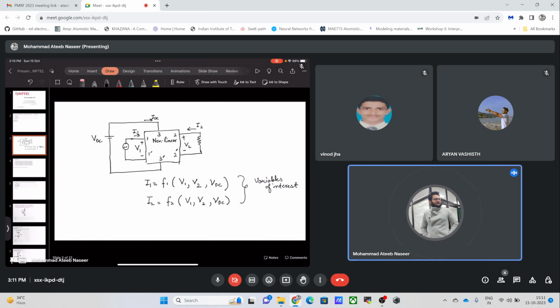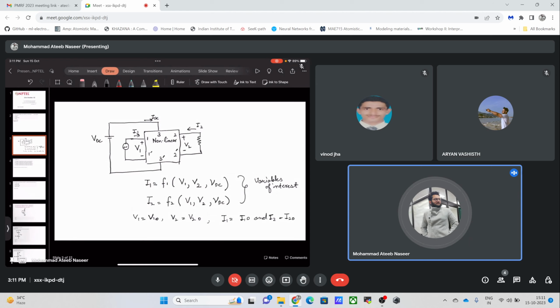Now, assume some particular values of these biases, for example V1 equal to V1 of 0 and V2 equal to V2 of 0. Corresponding to that, we will have the current I1 of 0, and the current I2 will also be I2 of 0, let's say.